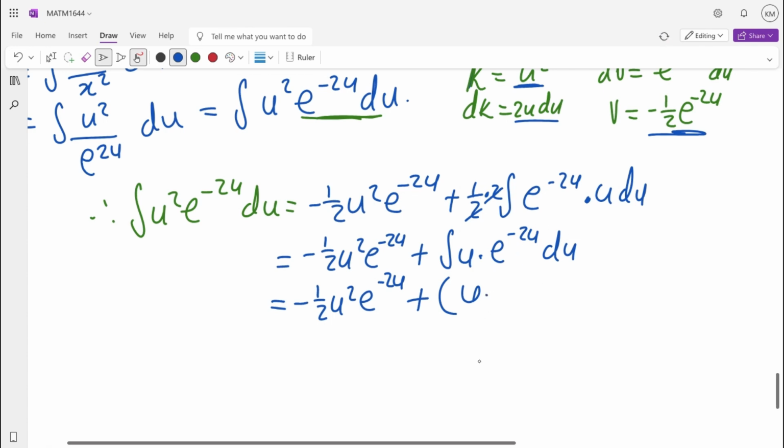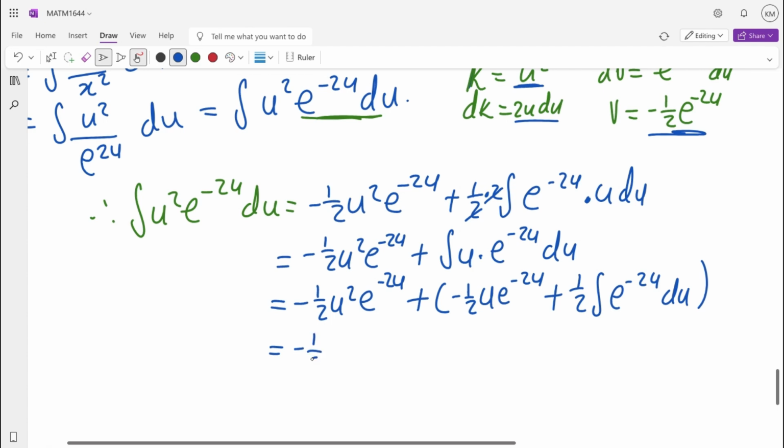Then my v will become minus 1 over 2 e to the minus 2u. So I have minus 1 over 2 u e to the minus 2u. Then it becomes plus because of the negative that comes with it, so plus 1 over 2 integral of e to the minus 2u du, just like that.